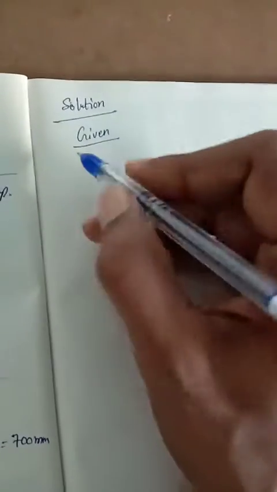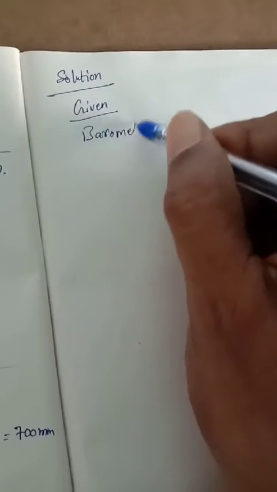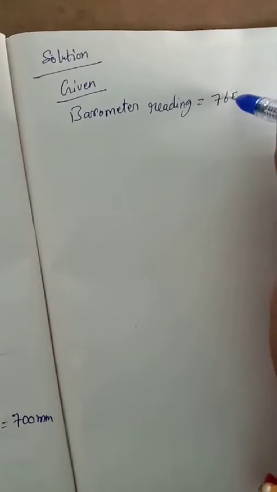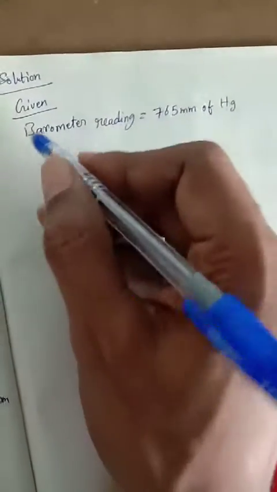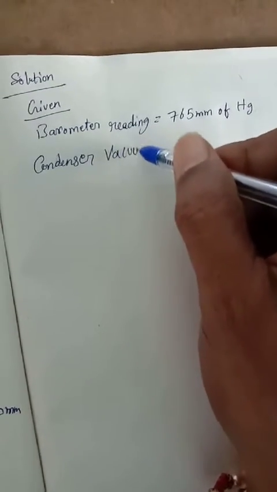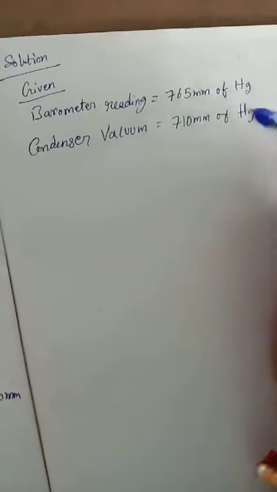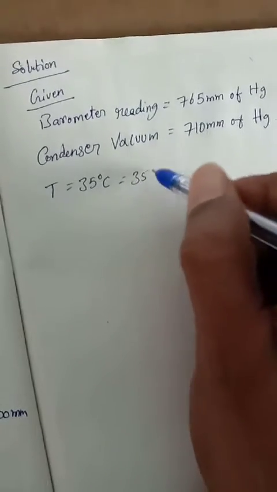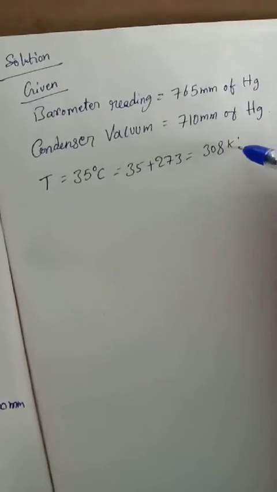Given: first one is barometer reading, equal to 765 mm of Hg, and condenser vacuum is equal to 710 mm of Hg, and T is equal to 35 degrees Celsius. So 35 plus 273 is equal to 308 kelvins.